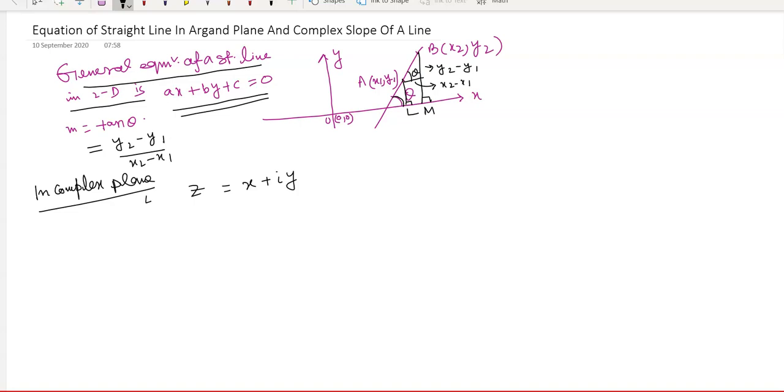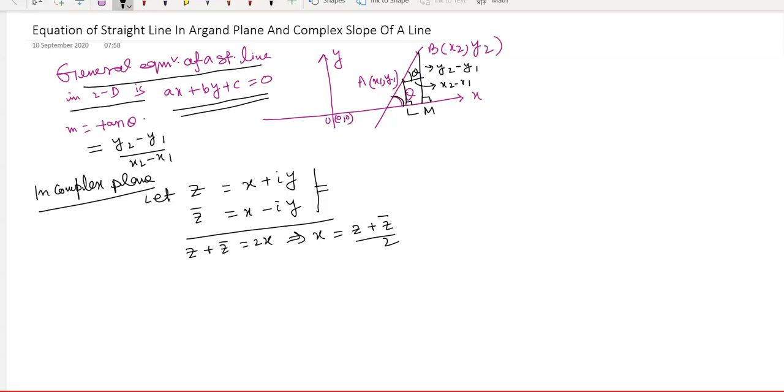So z equal to x plus iy, then z bar is x minus iy. So z plus z bar is 2x, which implies x equal to (z plus z bar) by 2.